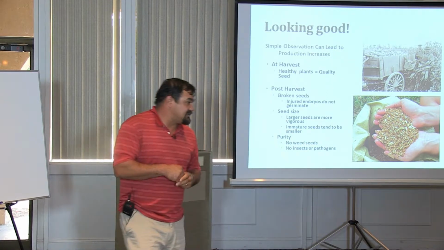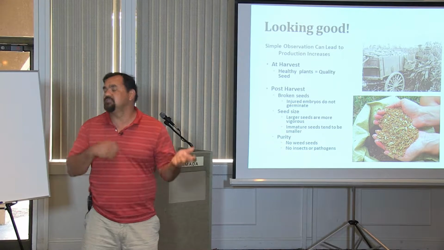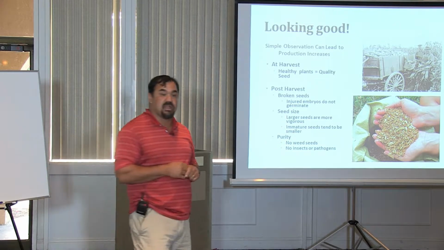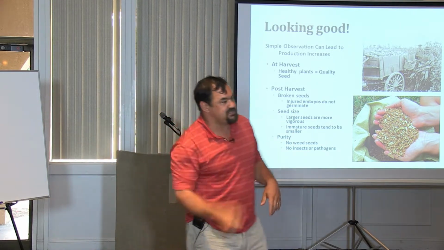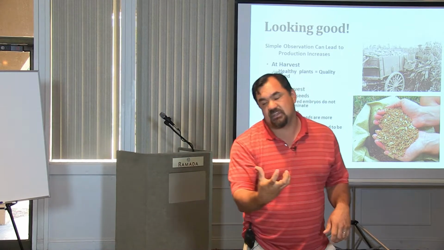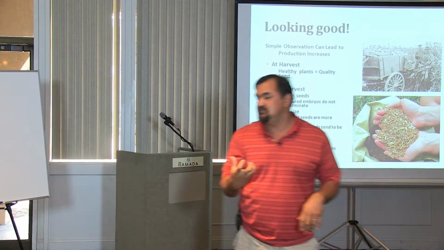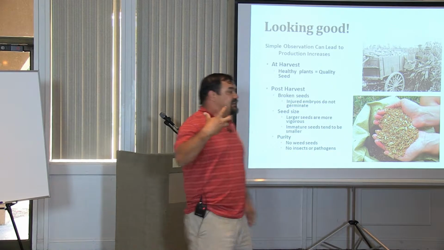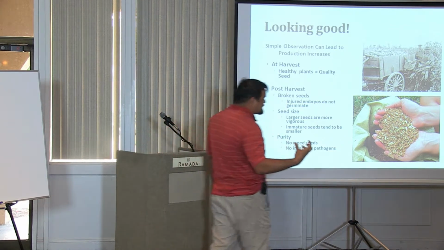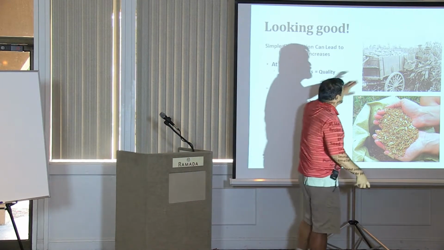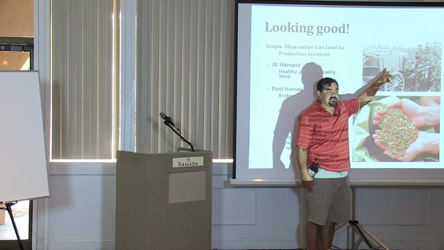Back in the day when they used to harvest corn by hand, you would come through, you'd grab an ear, you'd pull it off, you'd shuck it, you'd look at the ear, and you'd make a snap decision. If that ear was decent but not great, you would throw the ear into the wagon.